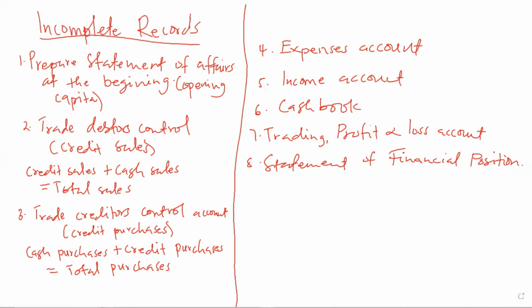So that is all you need to know about single entry and incomplete records. These are the workings that you need to do on it. In my next video, I'm going to pick a question on incomplete records and solve it with you for you to understand how to go about incomplete records questions.